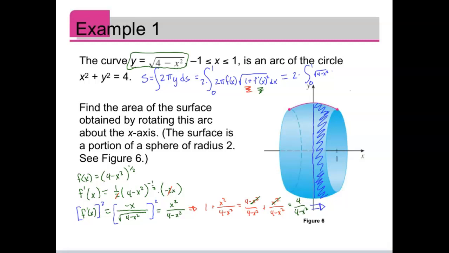So this is really the square root of 4 over 4 minus x squared. Well, you can take the square root of the numerator. That's just going to be 2. And then I'll have times 1 over the square root of 4 minus x squared, right? All right, so that's what I'm going to be multiplying by. I'm going to be multiplying by 2 over root 4 minus x squared.